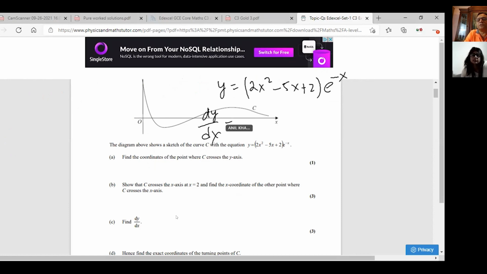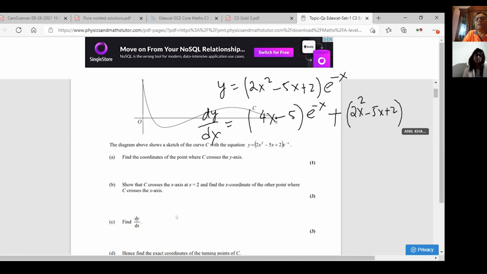What is the derivative of the first part? 4x minus 5 times e to the power of minus x plus. So we are applying the product rule, correct? You'll keep this term as such, which is 2x squared minus 5x plus 2. And what is the derivative of e to the power of minus x? E to the power of minus x times minus 1, right? So let me write minus 1 for now here. So that is your derivative, correct?